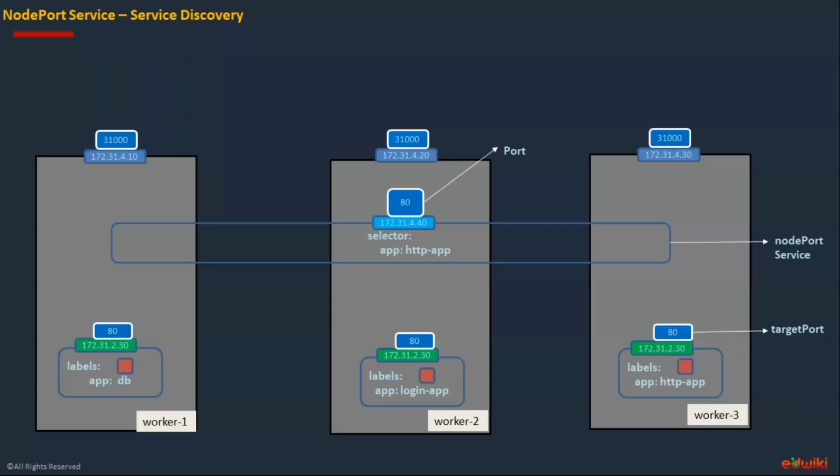In this case, you see the worker nodes are listening on a port number, 31000. It can be any port number. I'm just taking 31000 for now. The port that the worker node is listening on is called a node port, terminology wise.